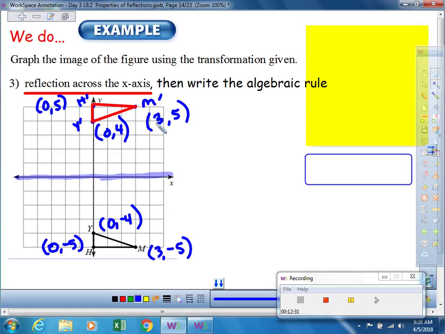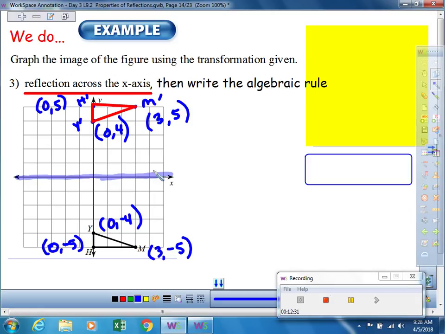Talk to your shoulder partner. What happened to these ordered pairs? All right. Bryce, what happened to these ordered pairs?